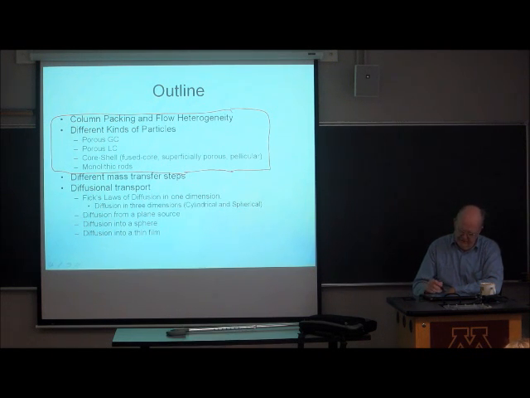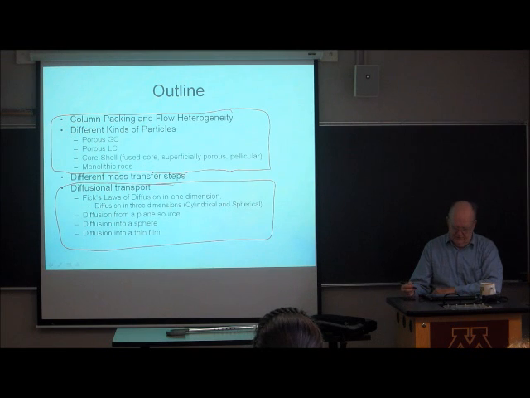Certainly on Wednesday we're going to get pretty far into a discussion of diffusion, which is a molecular level process, and we'll have to look at some equations that describe diffusion and talk a little bit about the underlying physics involved in diffusion.